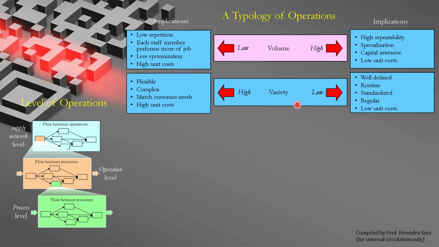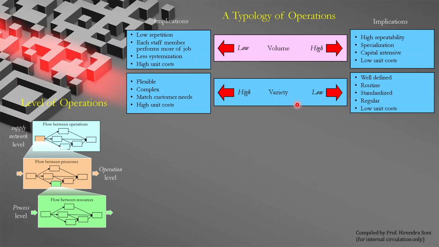When we look at operations, the other aspect is variety. If the variety or variation in the product required is low, that means our operations or processes are well defined. They would be routine, repetitive in nature, quite standardized, regular in nature, and will bear low unit costs.